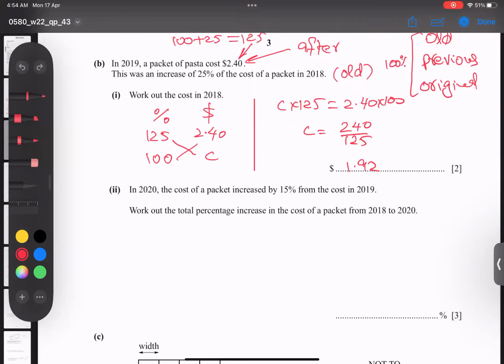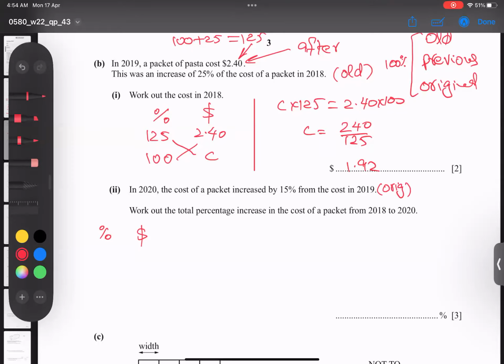He mentioned that in 2020, the cost increased by 15% compared to 19. So I'm writing here percentage and dollars. Make sure 19 is called original and 20 is called 1 year after that.